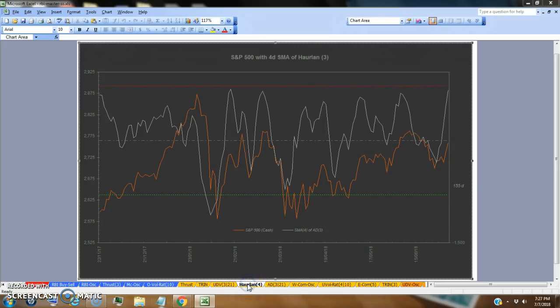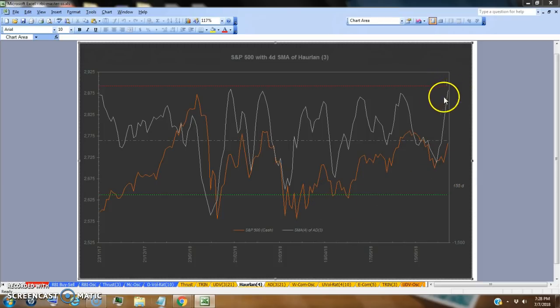This is a Hurlin index. This is a 4-day ratio of advance decline numbers with a twist. Just missing the top here. In fact, it hasn't been above its top line here in a long time. It's been below the bottom, but not above the top.